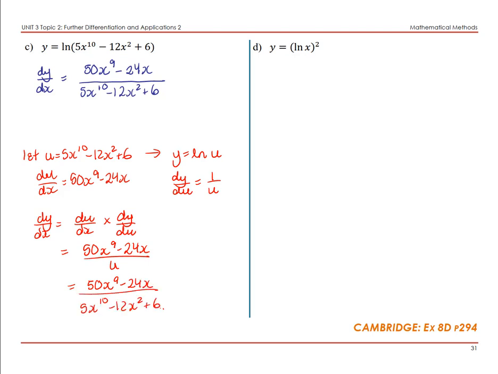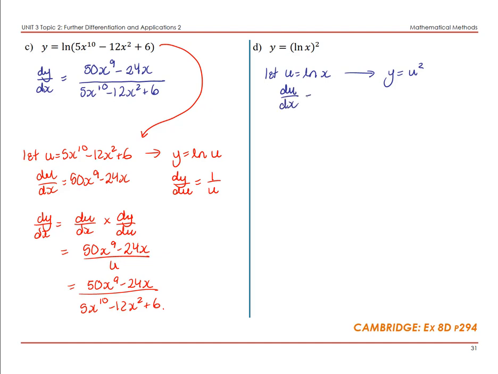Personally, the shortcut should be used when you're using it within something. So if you're using your product rule or your quotient rule, that shortcut is going to make your life very easy. If you have a straightforward question like this, you would be expected to use the chain rule. Now, the next one, I would definitely use chain rule. If you let u equal ln of x, you've got y equals u squared.